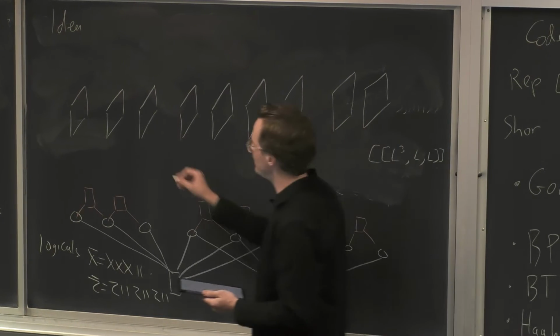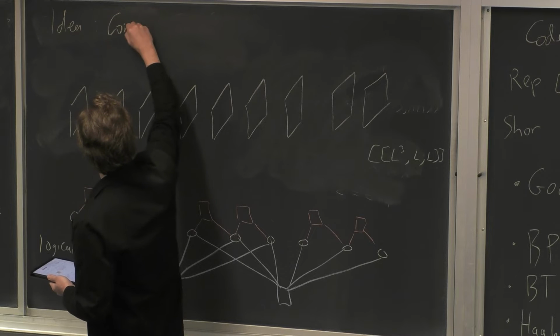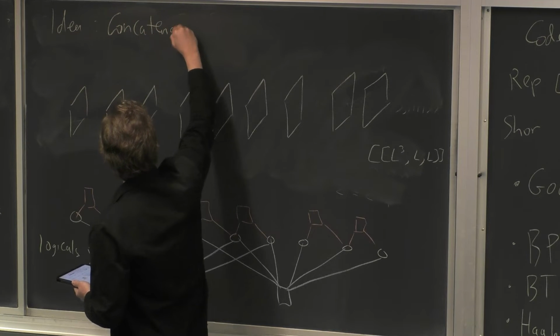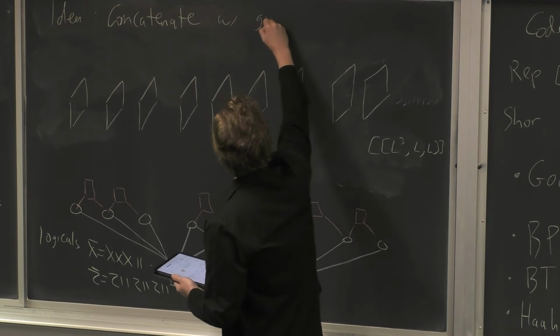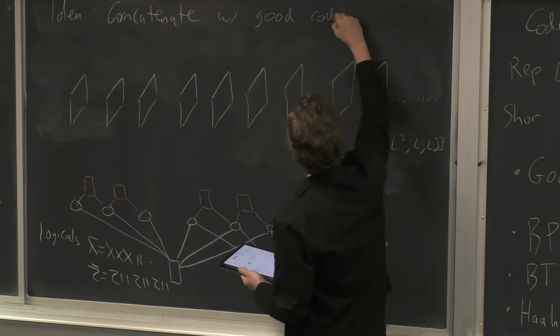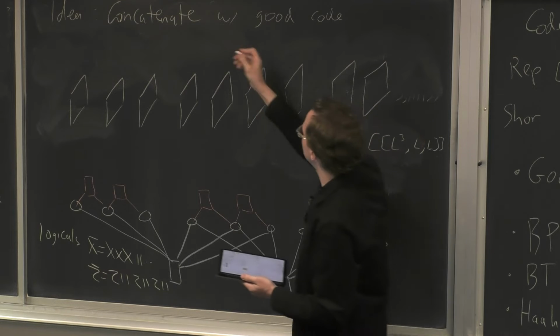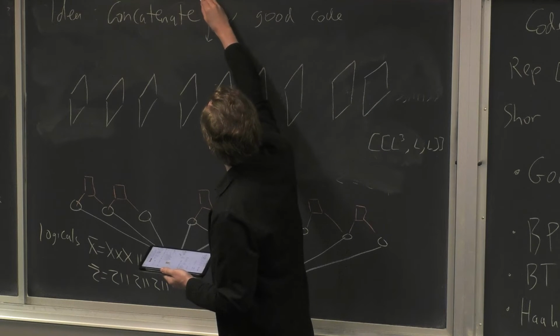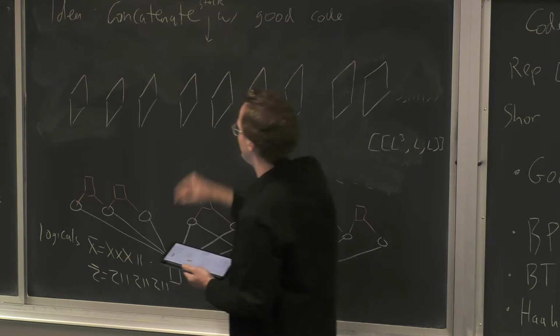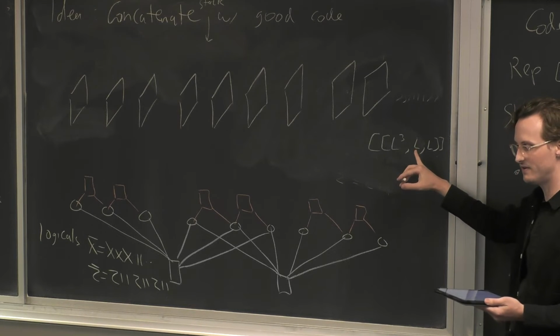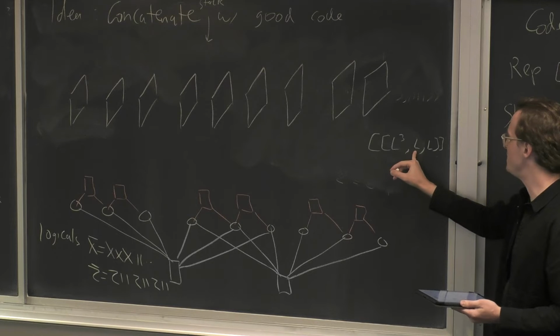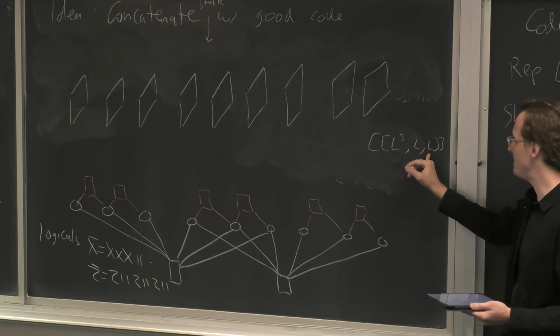Well, the basic idea is that if you concatenate this stack with a good code, then you would keep the scaling of the number of encoded qubits, but you would boost this distance from L to L squared.